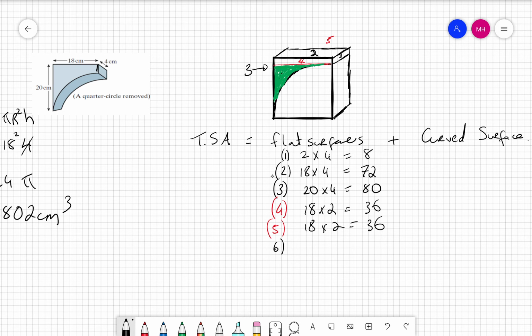So 6 is going to be a square of 18 by 18 minus a quarter of a circle, pi 18 squared. So 18 squared is still 324, divided by 4 is 81 pi. So 324 minus 81 pi.